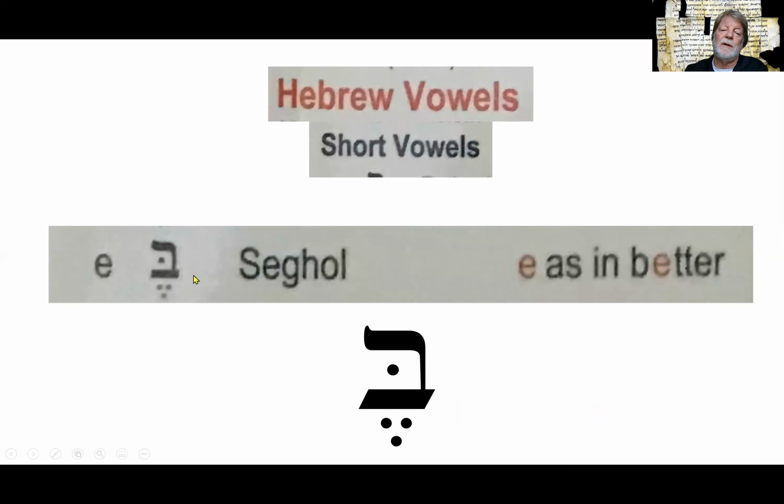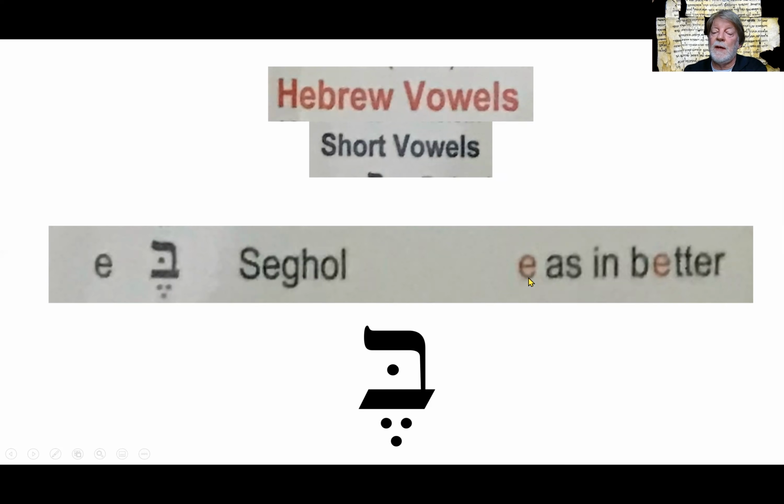The next one we're going to learn is also an E category vowel. Here it is underneath the bet, and it is 3 dots in a triangle shape. And it's called segol, or segal.